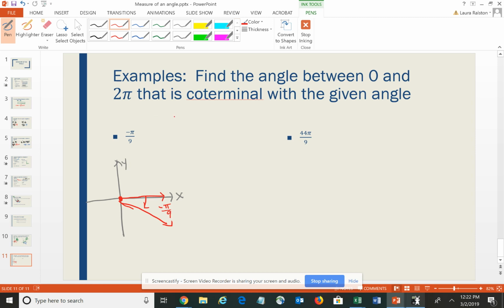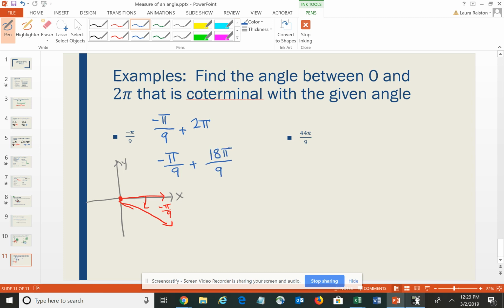And so I'm trying to find the coterminal angle that's between 0 and 2 pi. So I need to add 2 pi, because first of all, it's negative. To make it positive, hopefully I can add a full revolution of 2 pi. But now remember, to add fractions, you have to have a common denominator. So in terms of ninths, I would have 18 pi ninths.